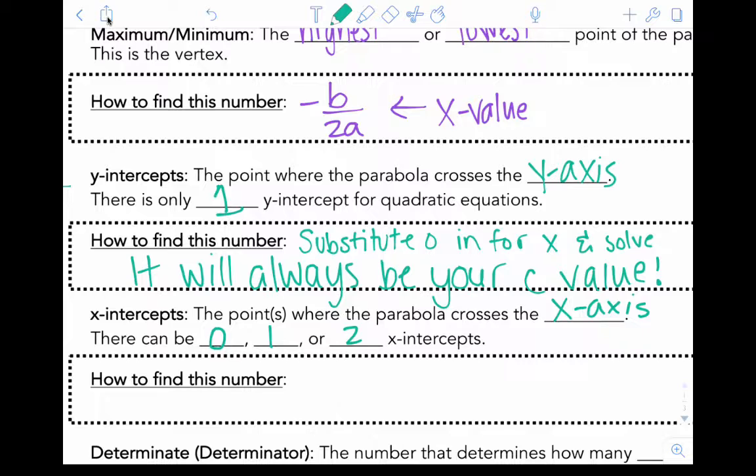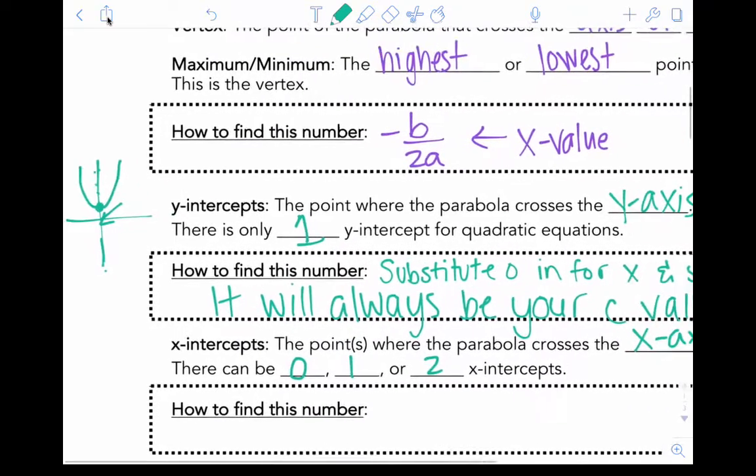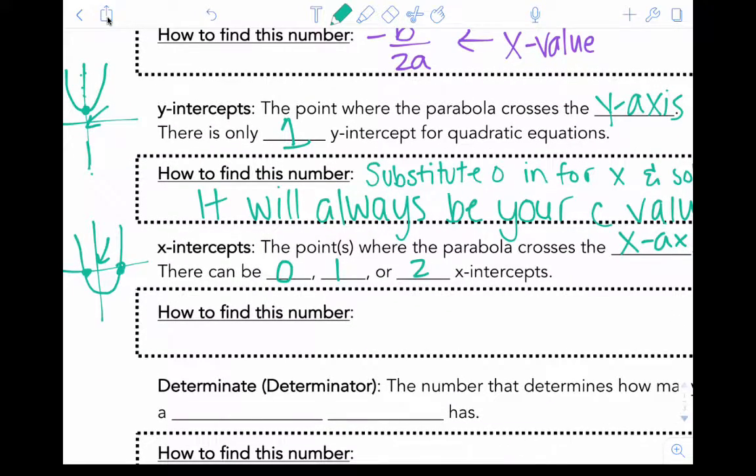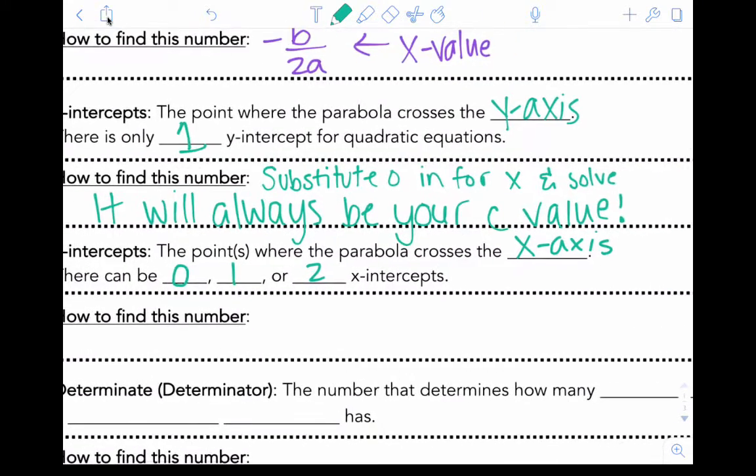Well, for the y-intercept, that's where x equals 0, so we substitute 0 for x. Then the x-intercepts over here on this graph, those are where y equals 0. So we're going to substitute 0 for y, or for f of x if it is written in function notation, and we will solve.